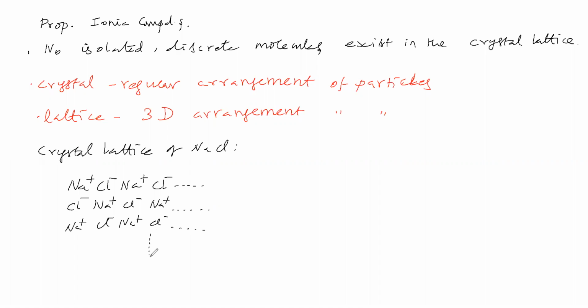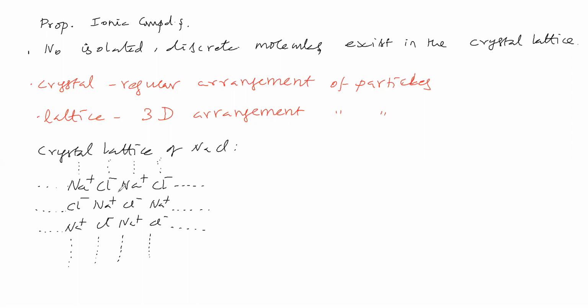Like this, it will continue in all the directions, that means three-dimensionally. Here we have drawn it two-dimensionally, but we have to see it three-dimensionally. Over this Na+, Cl- will come; over this Cl-, Na+ will come. Like this, a three-dimensional regular arrangement of constituent particles is called a crystal lattice.